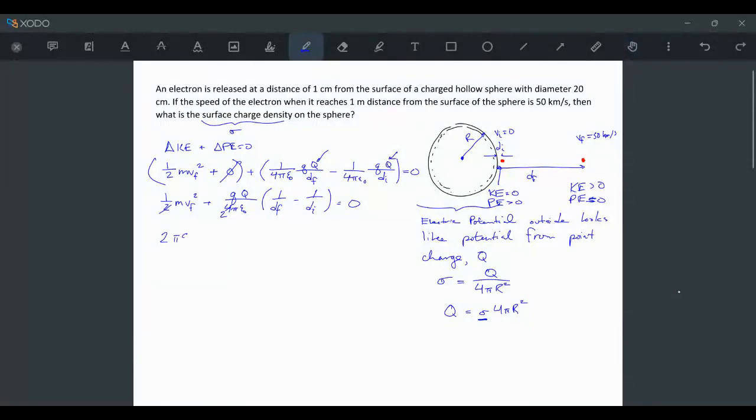So we have 2 pi epsilon naught m v_f squared divided by q, plus capital Q. And just to make our life a little bit easier, we'll combine these two, and this will be d_i minus d_f.